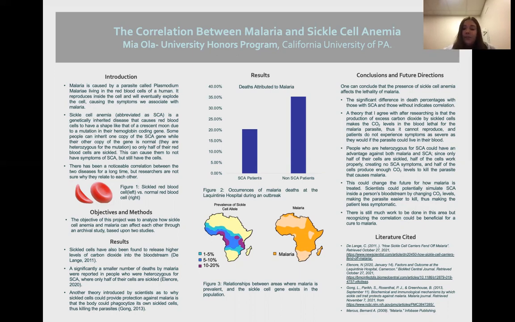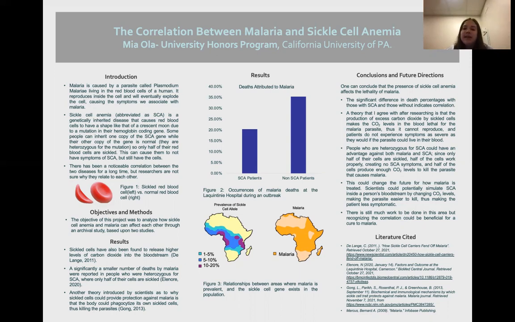So even though these are both diseases of the blood, they're pretty different. But since they're both diseases of the blood, scientists have started to notice a correlation between the two in malaria deaths for those people that have sickle cell disease and those that don't.